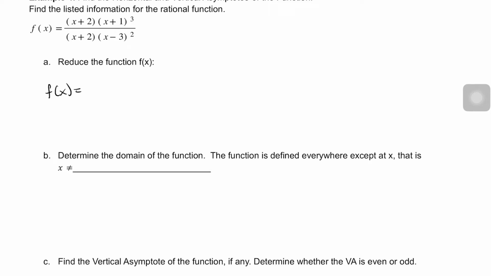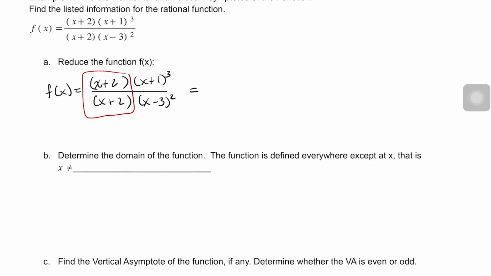First, we're asked to reduce it. So let's go ahead and reduce this. These are not the same functions. They behave the same way, but they're not the same functions. We can see that these two will cancel each other out.